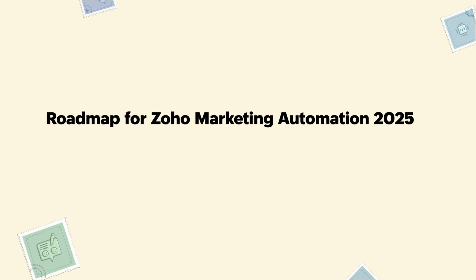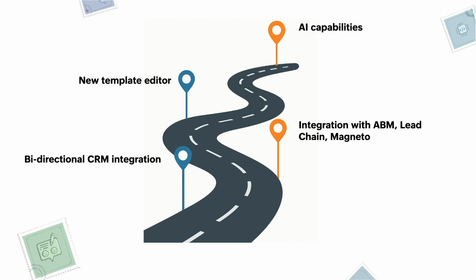In this year, we want to make sure that most of the anticipated features are getting added into marketing automation. So in the first phase, we are trying to enhance our existing features, and also we are trying to get some more features added into marketing automation. So for example, we have an existing CRM integration, and if you check the CRM integration which we have with marketing automation, it is unidirectional.